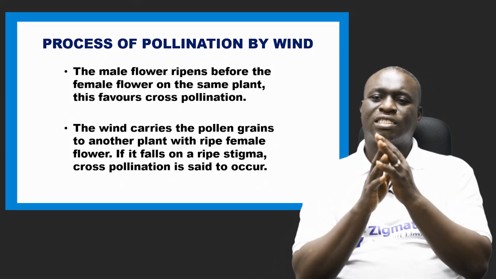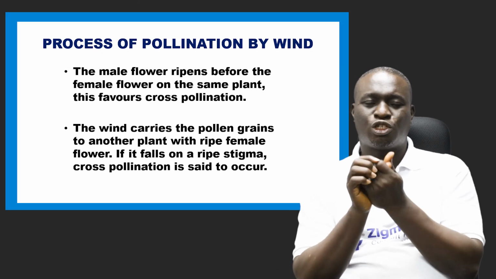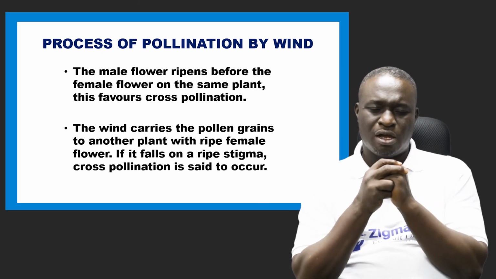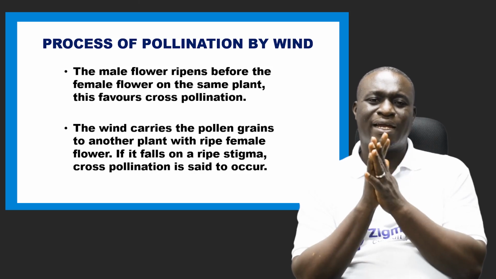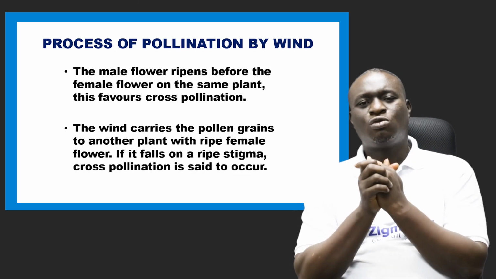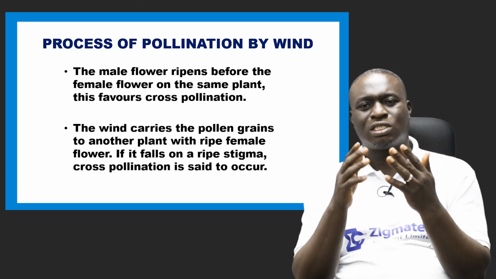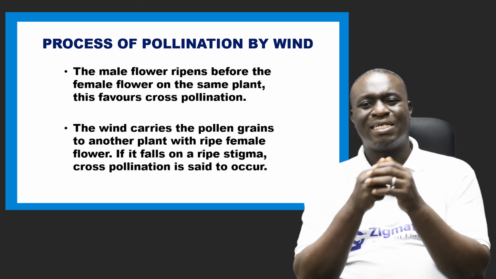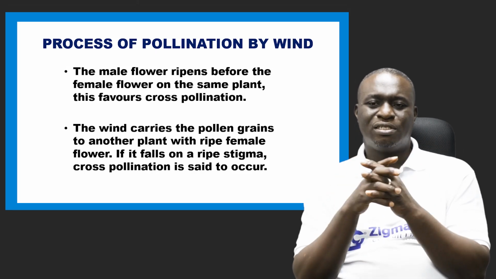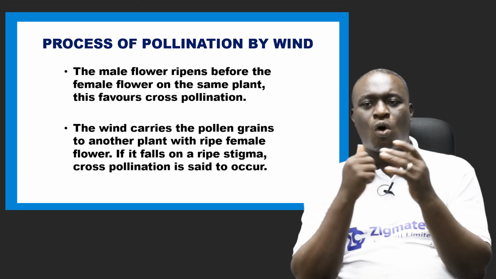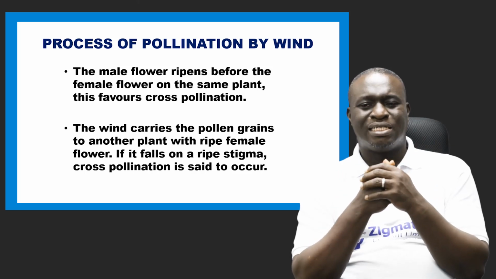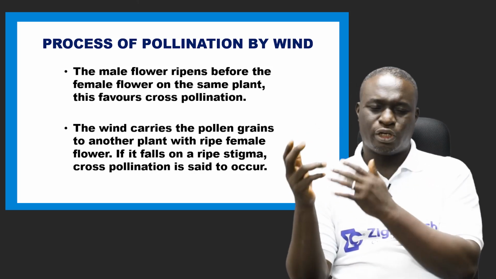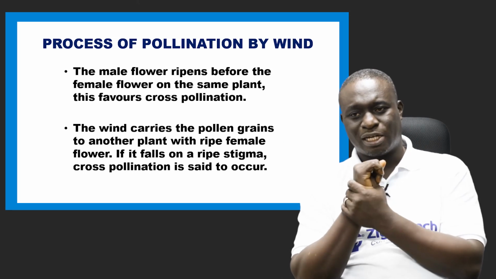Now, next is the process of pollination by wind. How does pollination take place by wind? Number one, the first step is that the male flower ripens before the female flower on the same plant. This favors cross-pollination. We've talked about this, which is dichogamy.